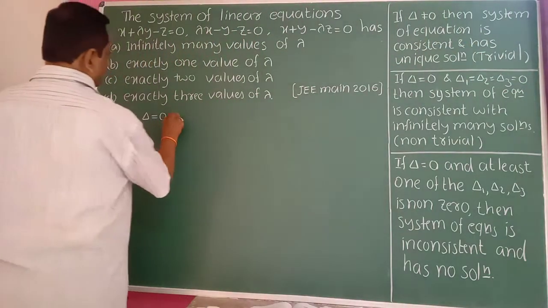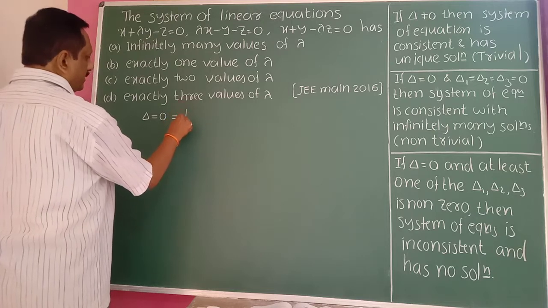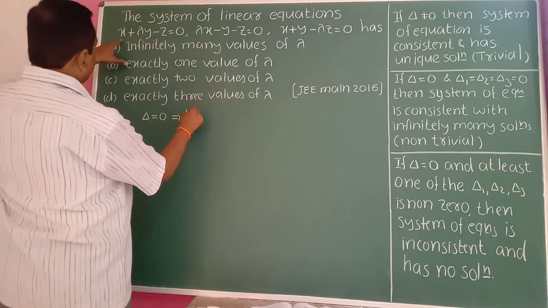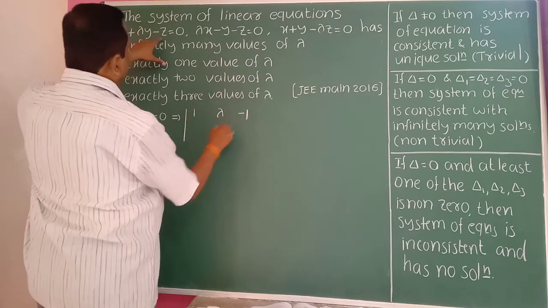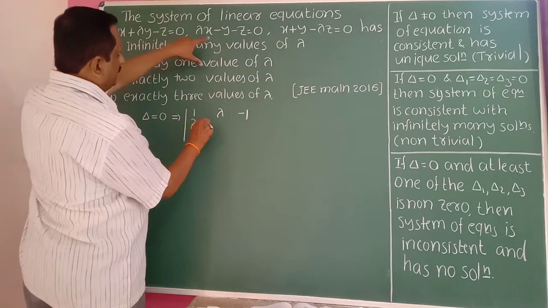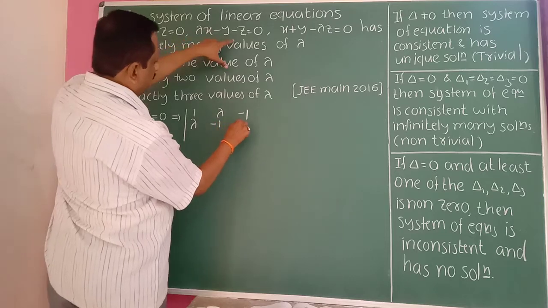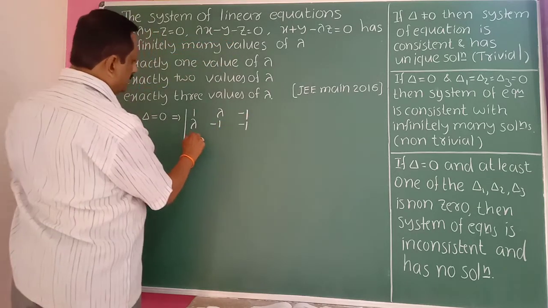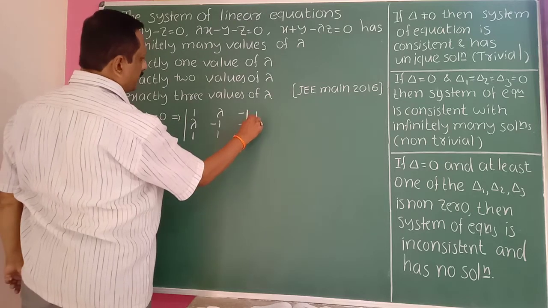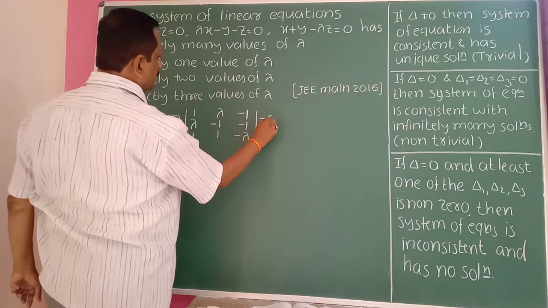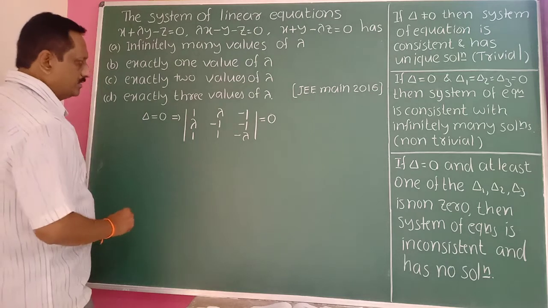So this implies the determinant of 1, lambda, minus 1, then write here lambda, minus 1, and minus 1, 1 and minus lambda, is equal to 0. Now you simplify it.